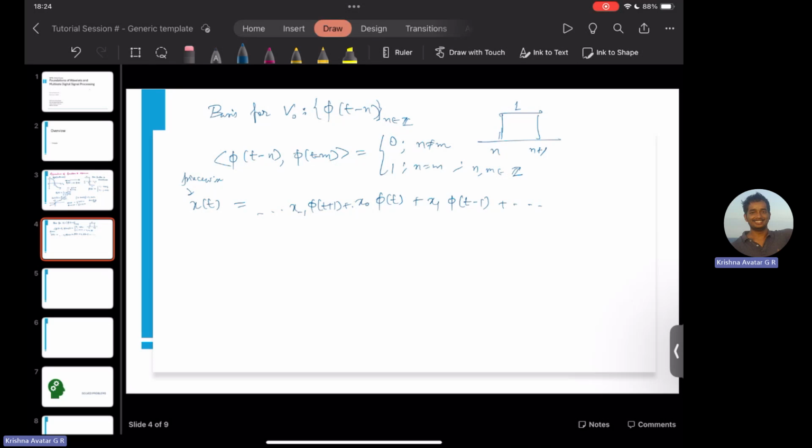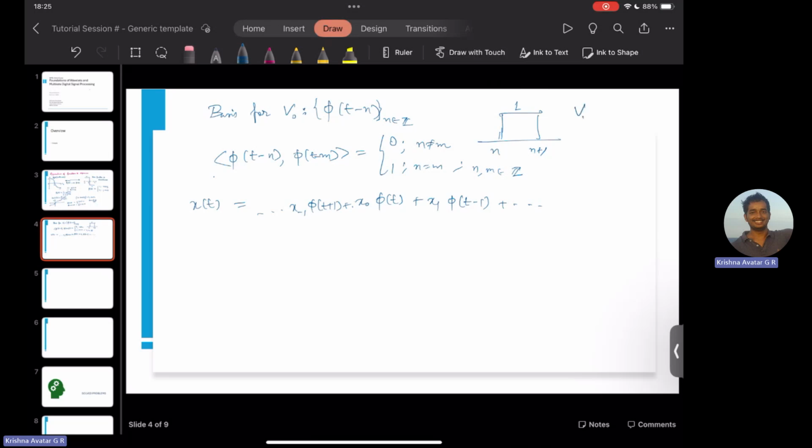This is more of an approximation, right? We are just trying to approximate in this form at one level of our approximation.